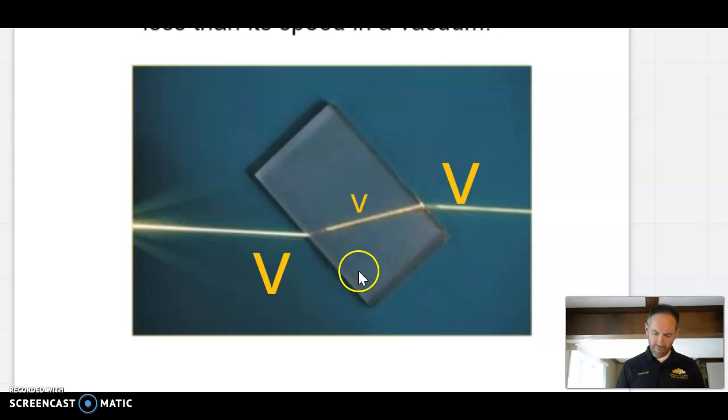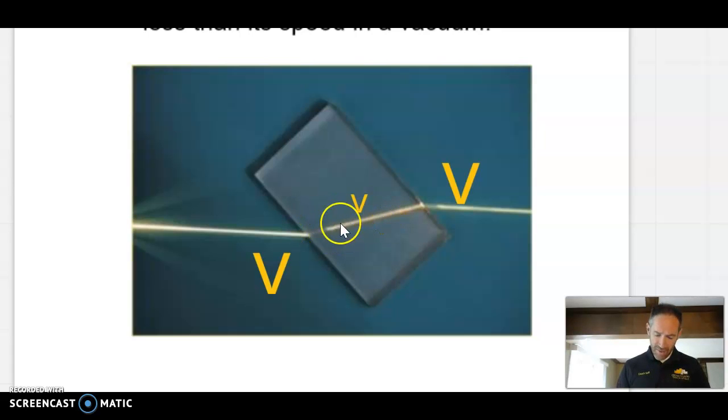Still, you can see that it's moving this way, and it has a certain wavelength and frequency, and those two are going to multiply to be the speed of light, 3 times 10 to the 8th. But then it goes into this material, and because it's moving slower in the material, it gets bent like this. We call this bending refraction. The next video, I'll explain as much as I know about refraction.